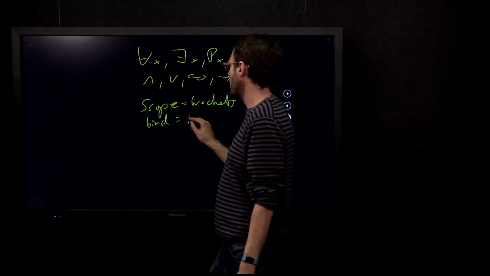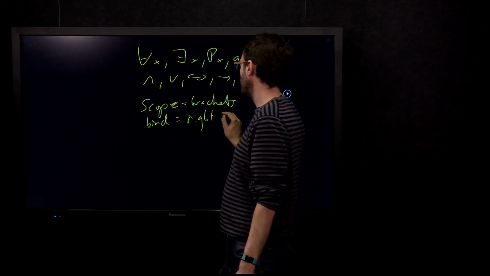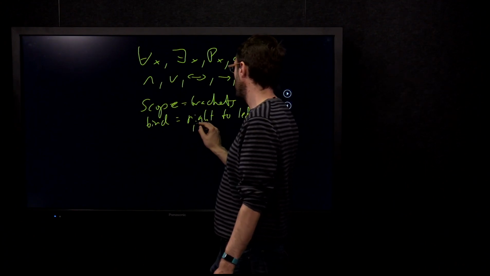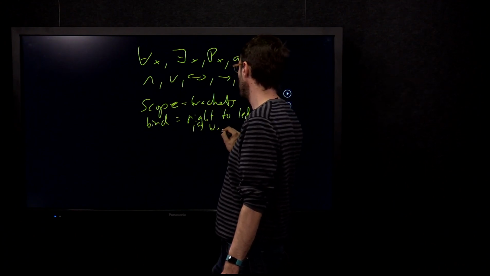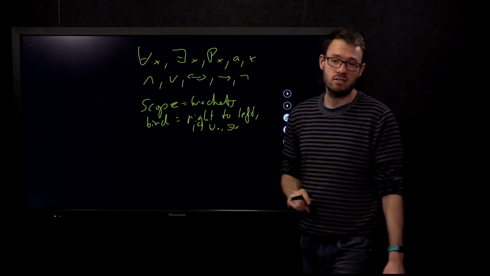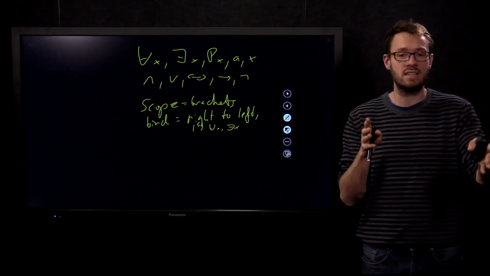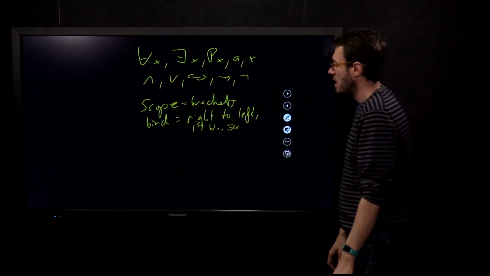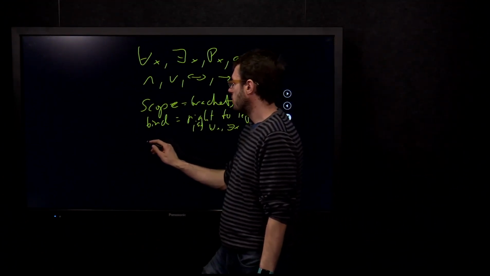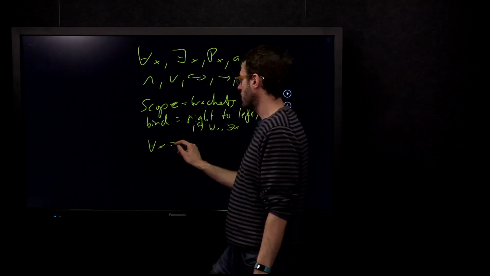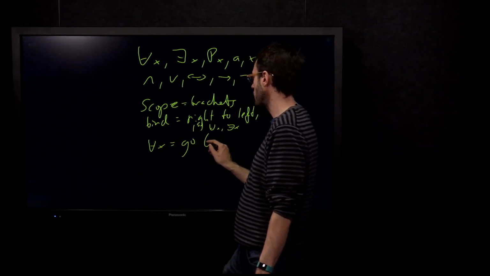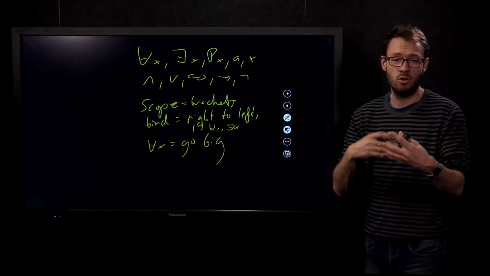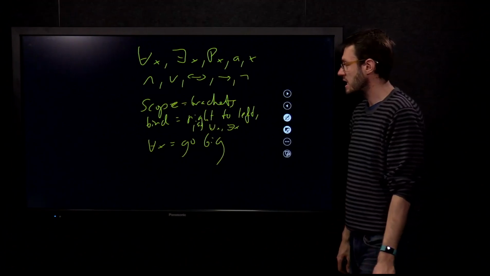The binding is right to left, and it's the first universal or existential that you meet. So we bind from right to left when we're reading the sentence, and the variables bind to the first quantifier that they meet. We also need to remember that the universal always wants to go big, and so we have to restrict that universal down using the arrow in order to say meaningful things in the language.